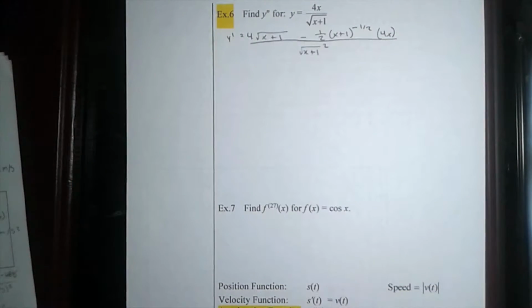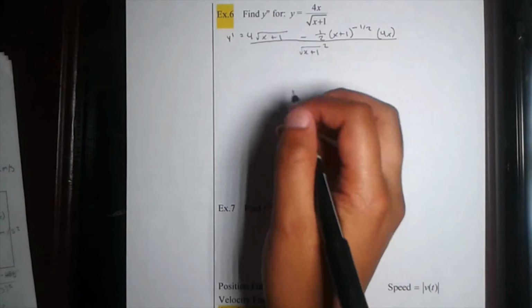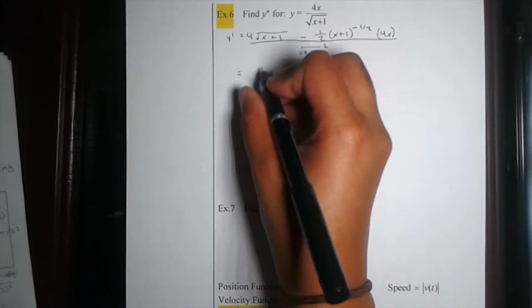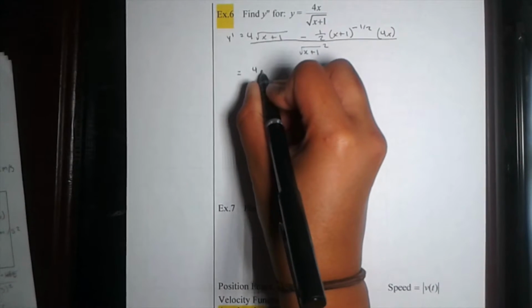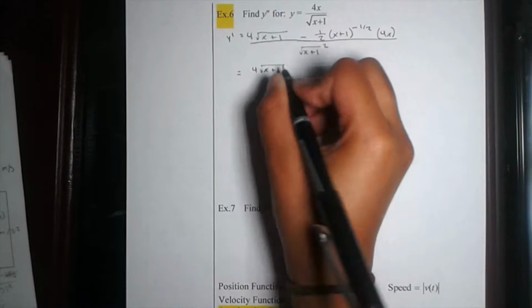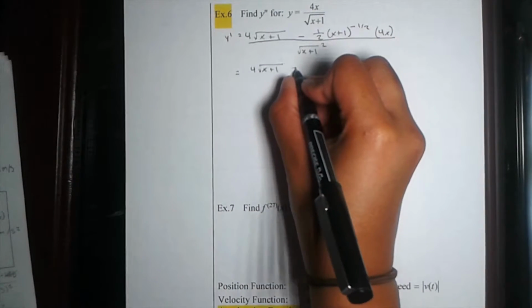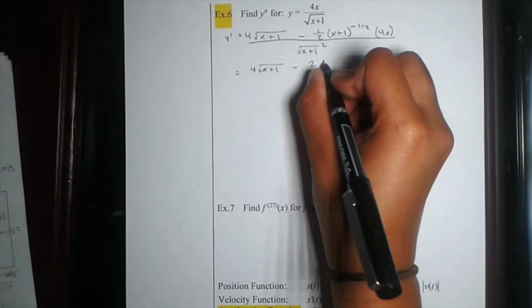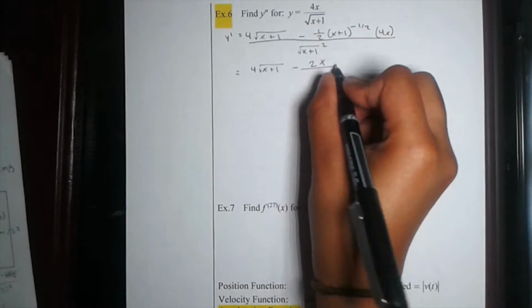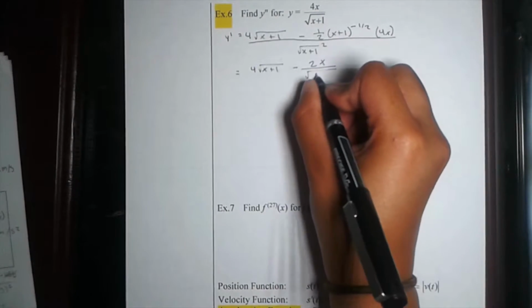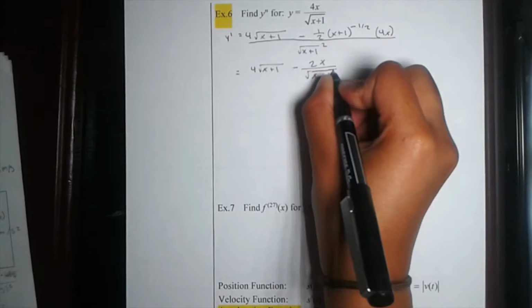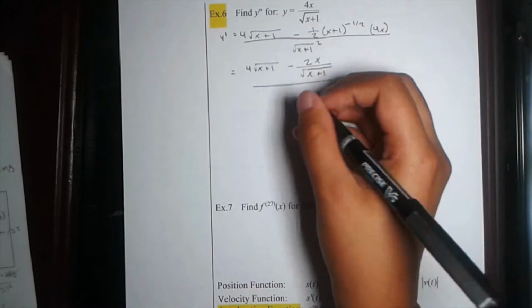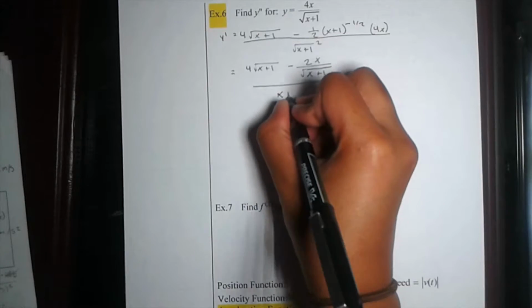So it's squared, so it's just going to end up as x plus 1. So if you simplify this, it's 4 square root of x plus 1 minus 2x over square root of x plus 1, all over x plus 1.